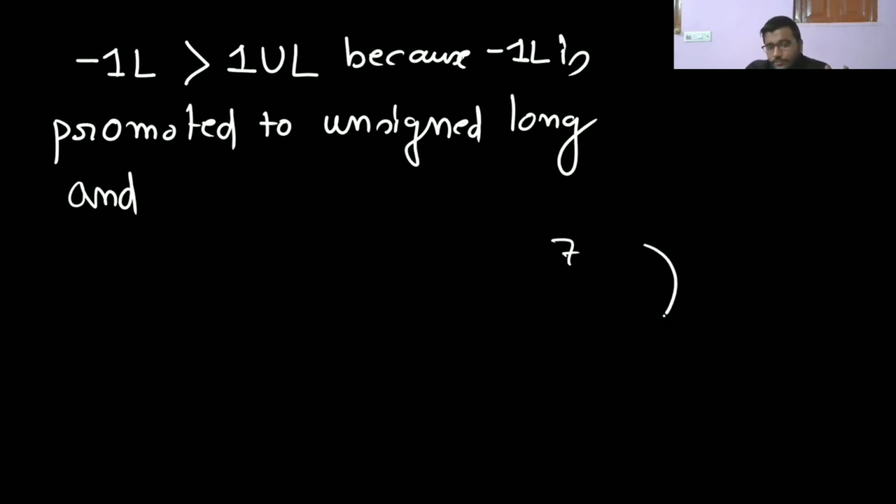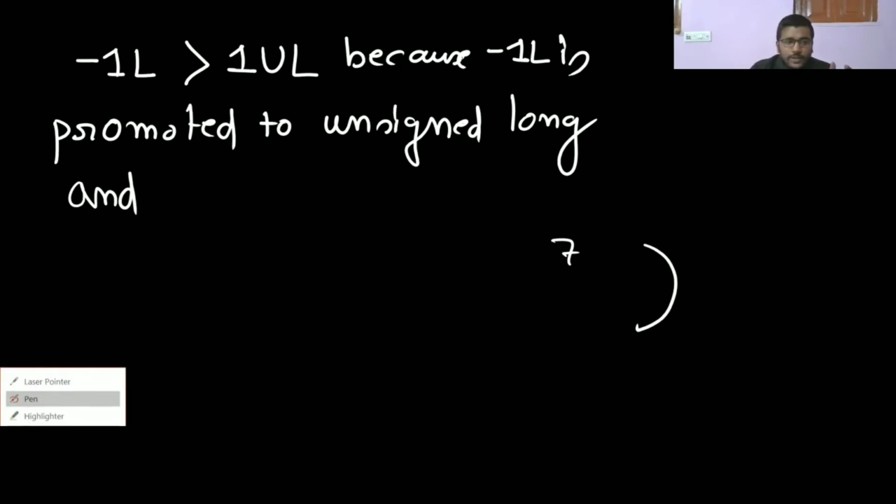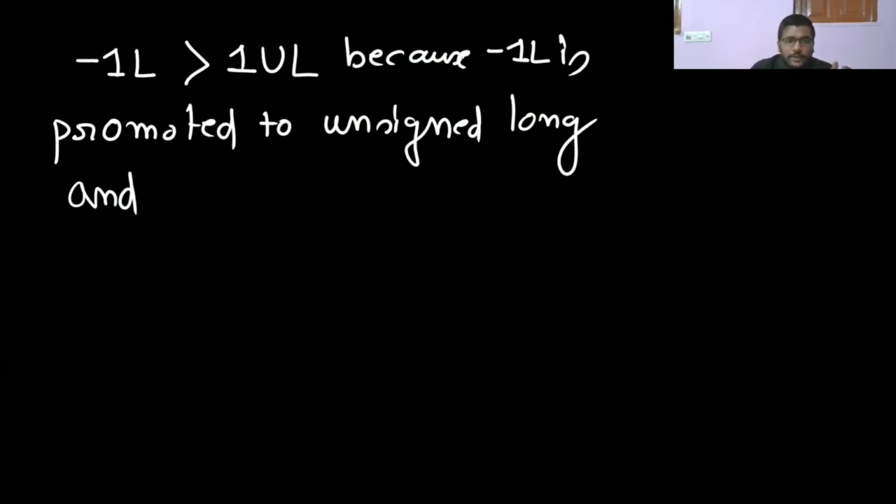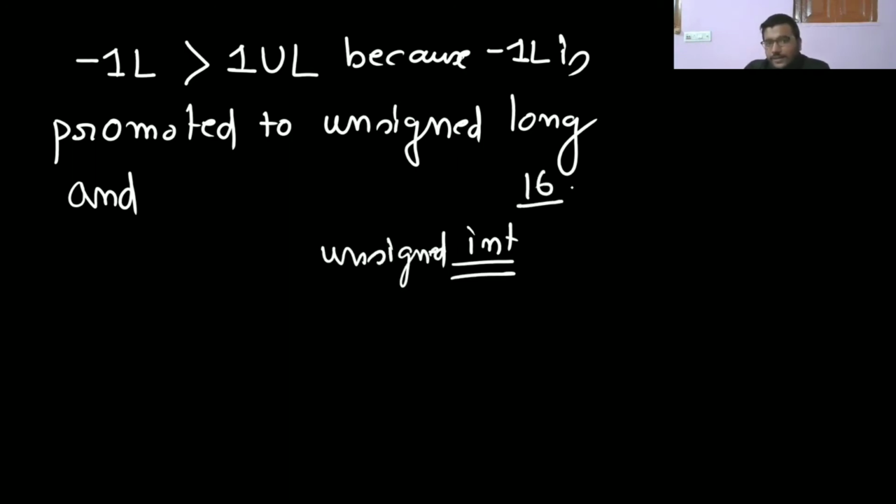It will go round up. With int it will be easier. Suppose the size of int is something, and I'm using unsigned int. Here I assume that unsigned is 16 bit.